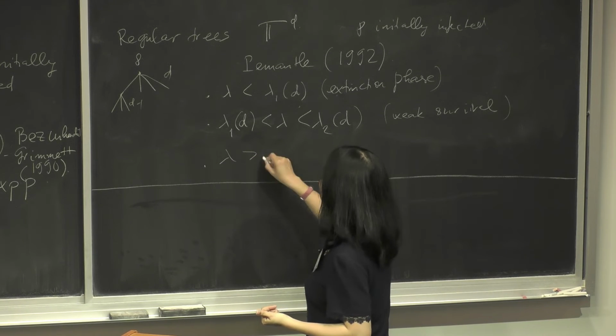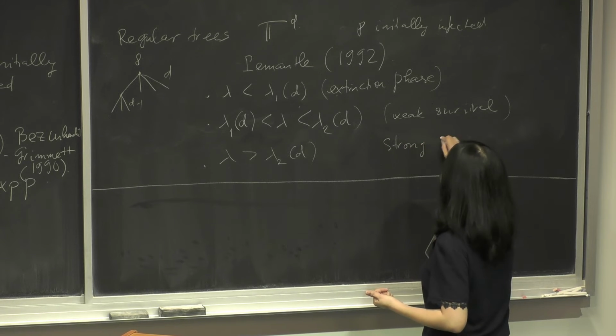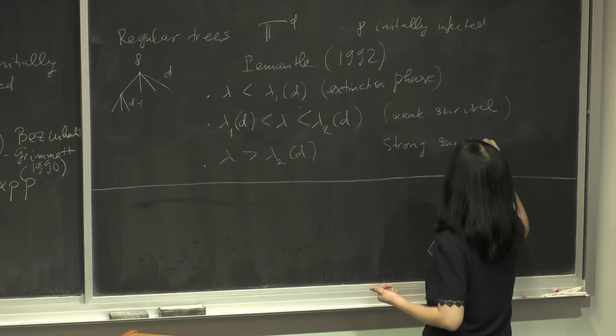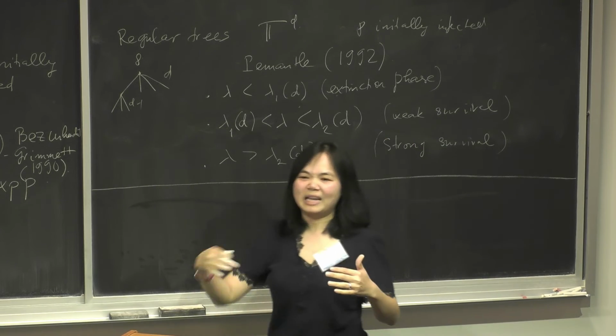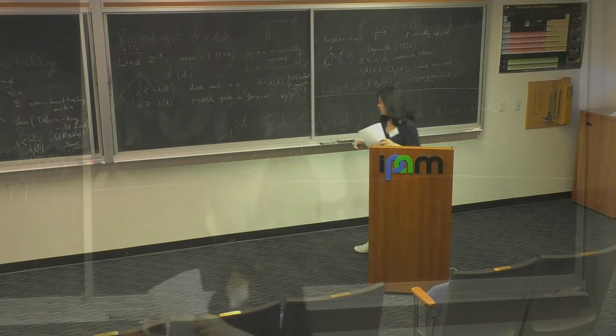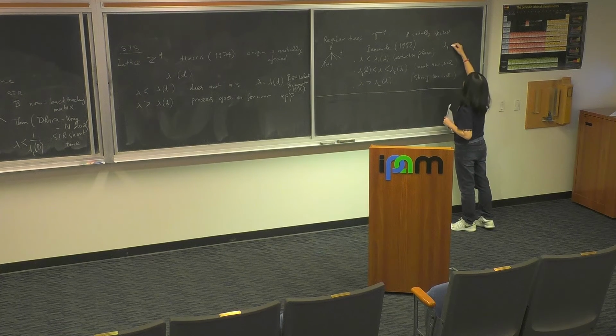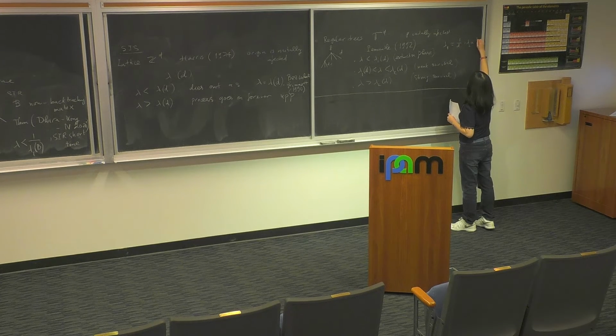And if lambda is larger than lambda 2 of d, this is the strong survival phase. That means with positive probability, the root keeps getting infected infinitely many times. And Pimentel showed that lambda 1 is about 1 over d, and lambda 2 is about 1 over root d, as d goes to infinity.